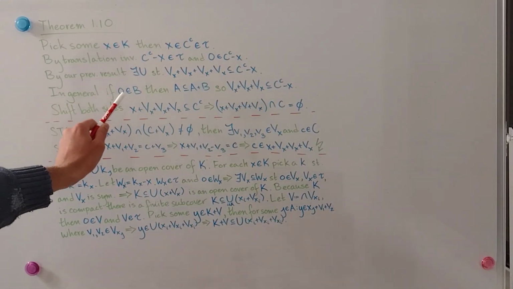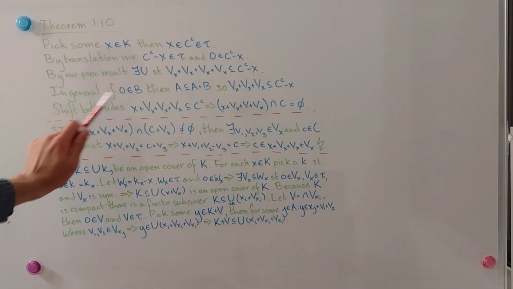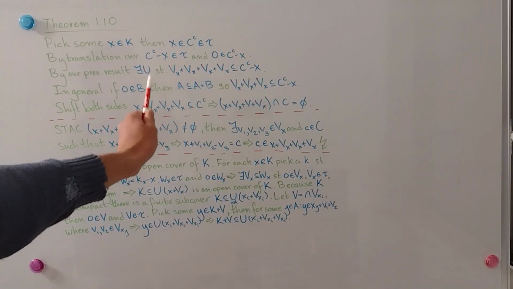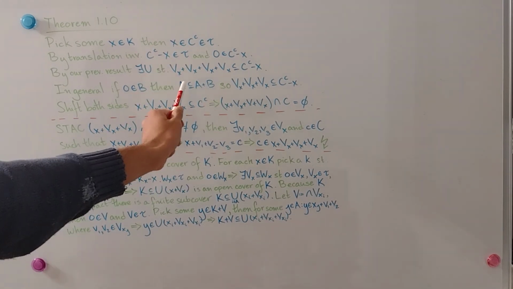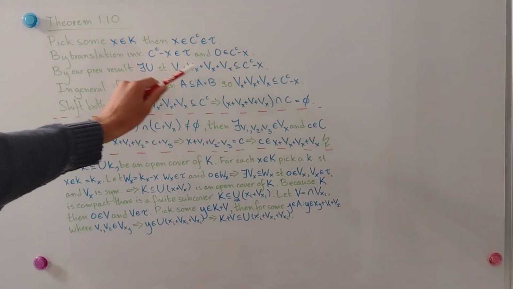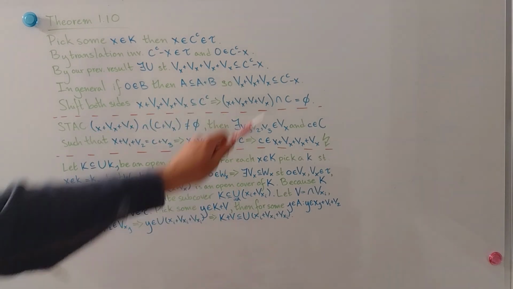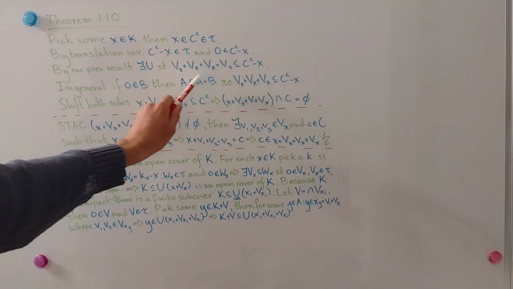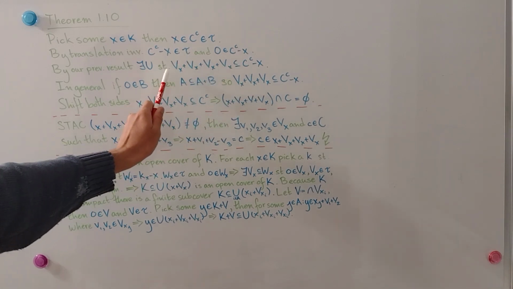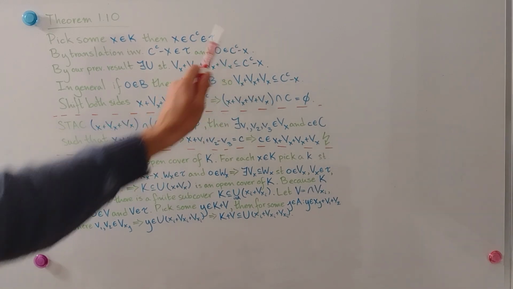In general, these are just going to be subsets. If 0 is inside of B, then A is naturally a subset of A plus B. And so we can go from this statement to this statement, right? Because this set is strictly smaller than this one. Vx plus Vx plus Vx is inside of Vx plus Vx plus Vx plus Vx plus Vx.